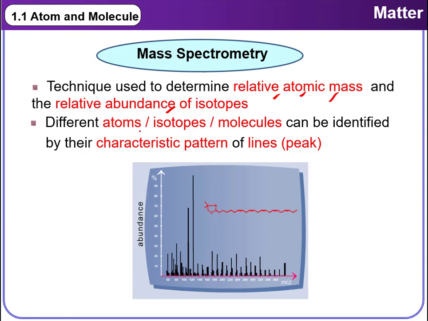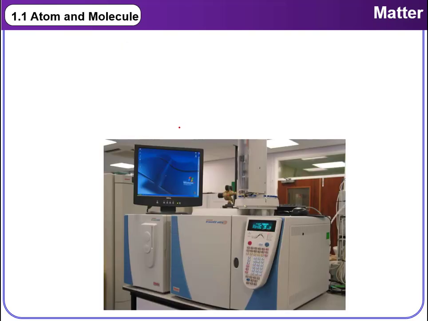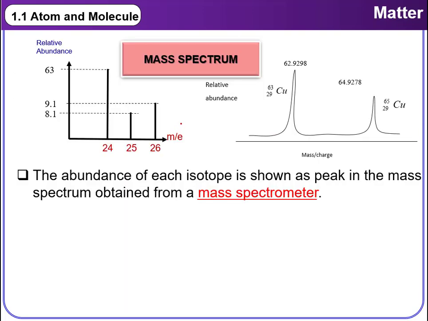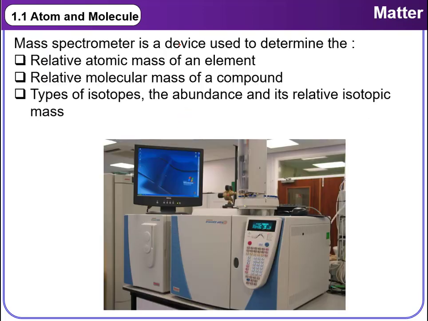Different atoms, isotopes or molecules can be identified by their characteristic pattern. What is a mass spectrometer? A mass spectrometer is one device which we use to determine the relative atomic mass, the relative molecular mass, and the types of isotopes.